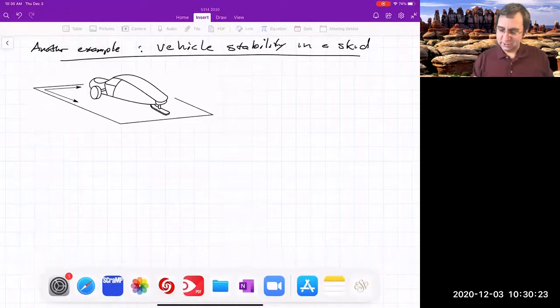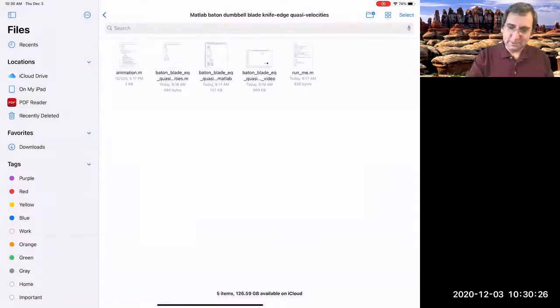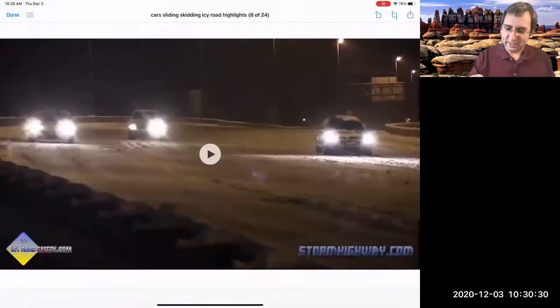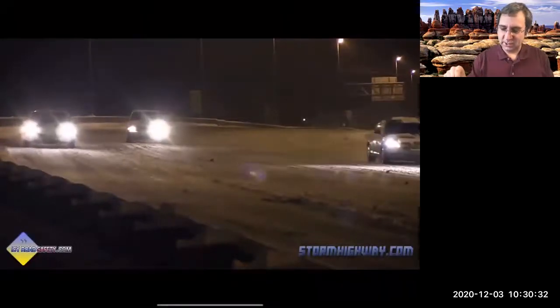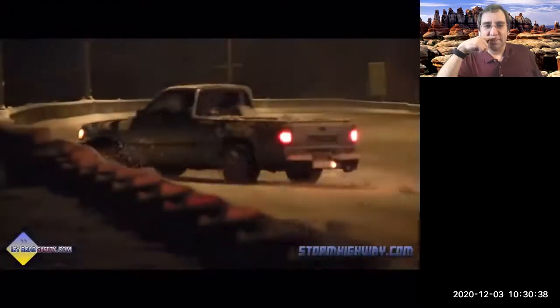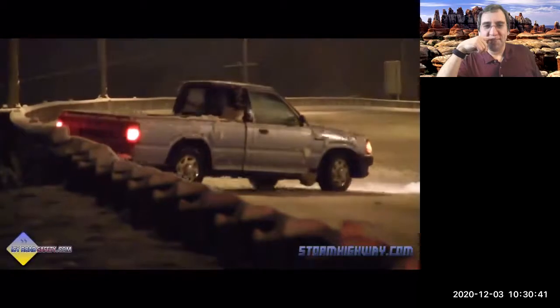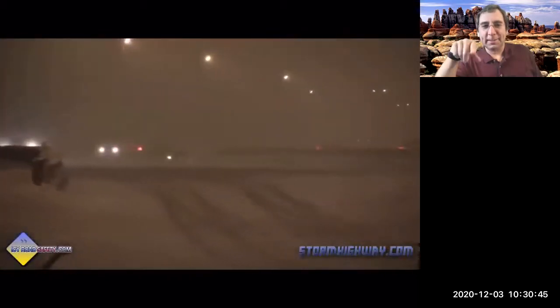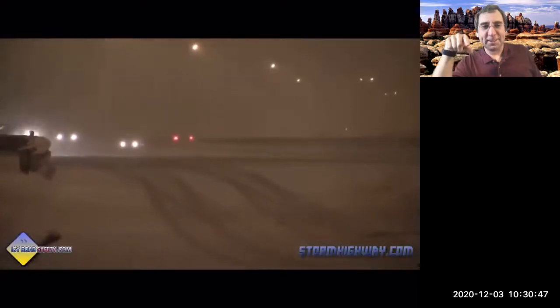But to motivate this, you can look online for cars skidding. So here's a highlight of cars skidding in snow. That doesn't look good. Yeah, please drive slowly. This has happened to me in Blacksburg.